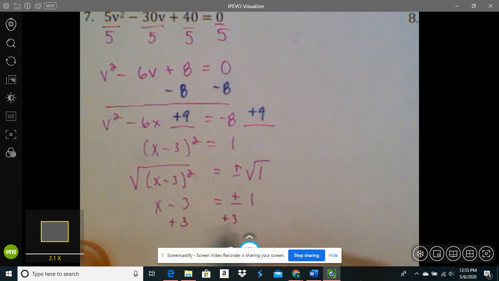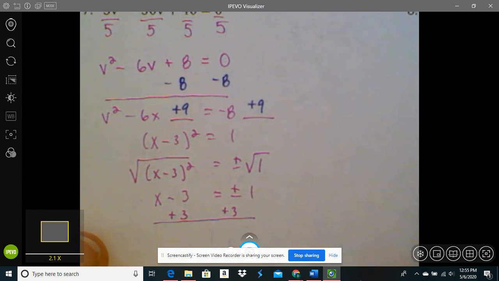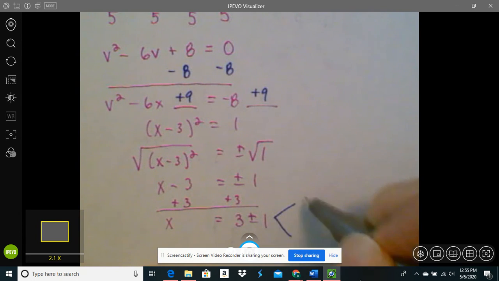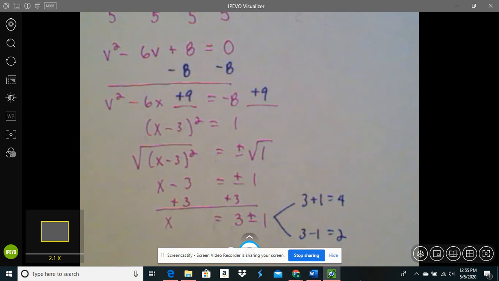We'll add 3 to both sides, and then we'll get v equals 3 plus or minus 1, okay? And then 3 plus 1 is 4. 3 minus 1 is 2. All right, there they are.